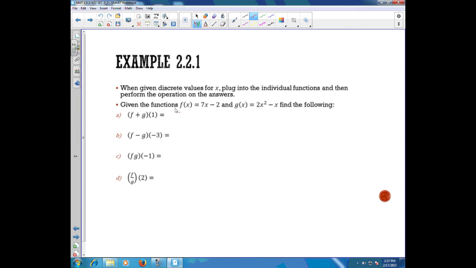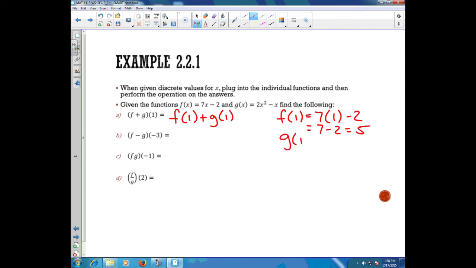F plus g of 1 is just f of 1 plus g of 1. So that means we're going to take 1 and plug it into f of x. And f of 1 is going to be 7 times 1 minus 2, which is 7 minus 2, which is 5. And now we want to plug 1 into g of x.